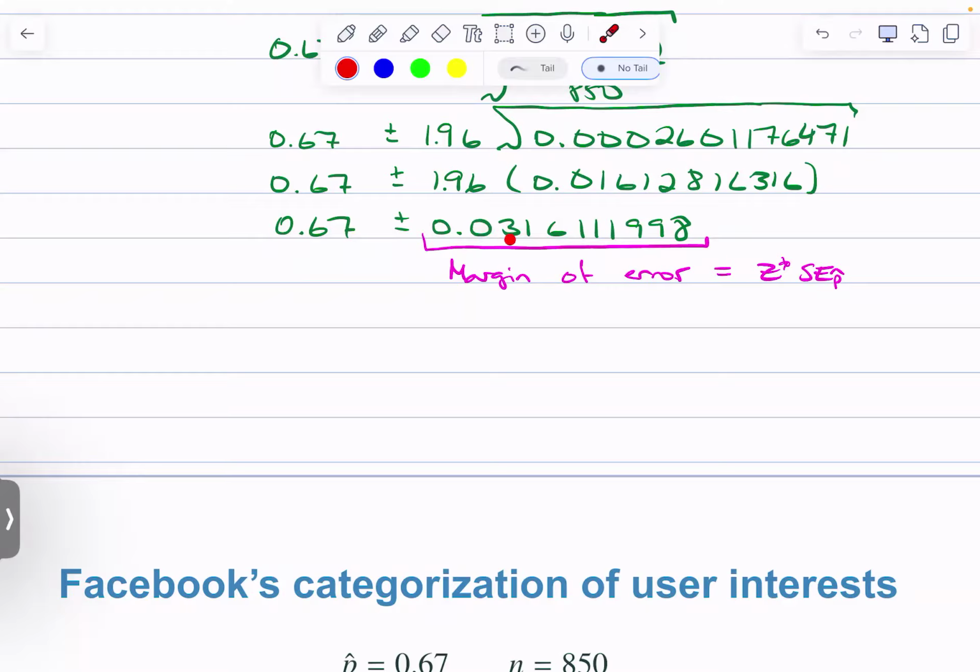At 2 decimal places, I can see that it's followed by a 1, which would be rounded to a 2. But once I hit this 6, I've kind of run out of interest. And so keep at least 4 decimal places in general for proportions.